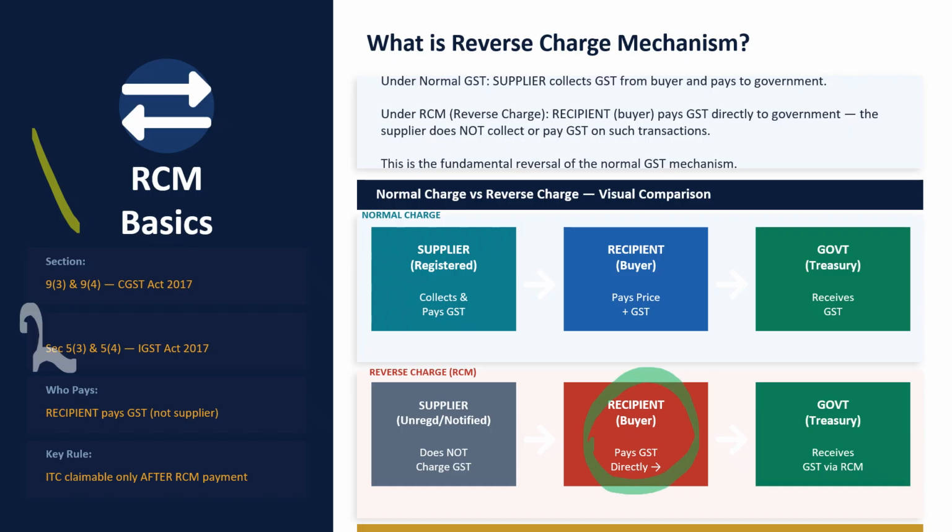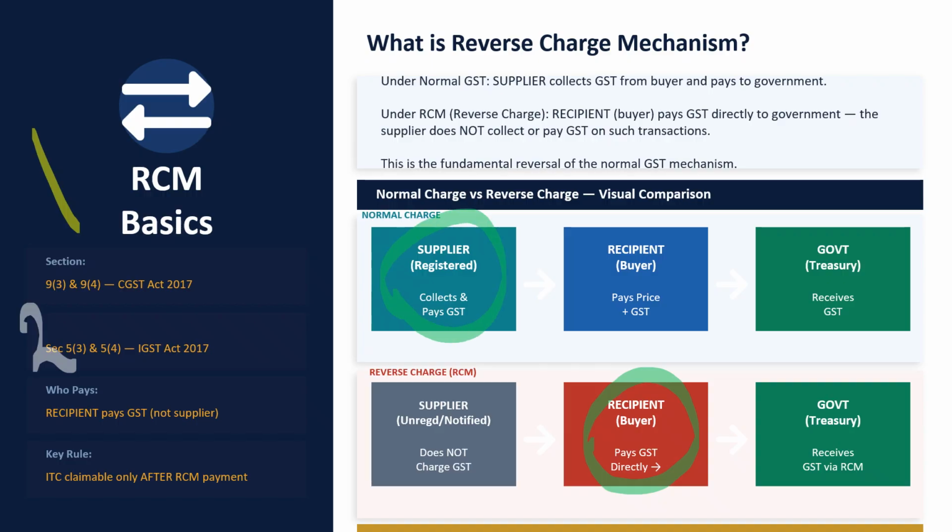Why is it so? Because under reverse charge mechanism, there are a few conditions on when and how to apply it. I hope you understand the reverse charge concept, because the supplier will not collect tax from you.